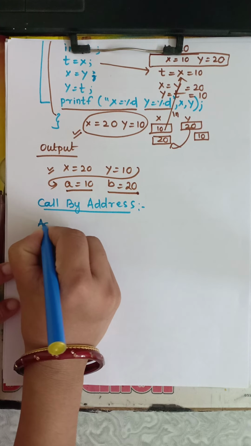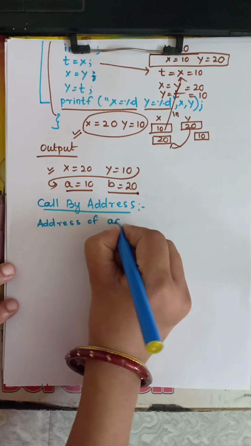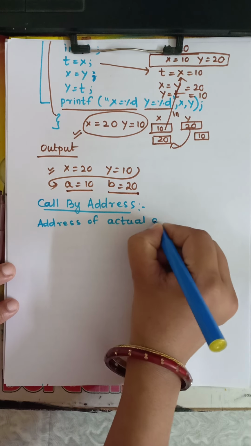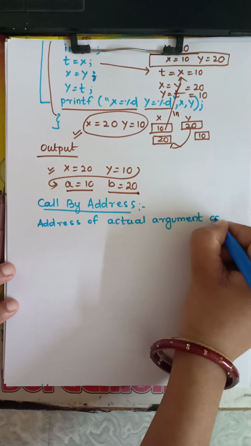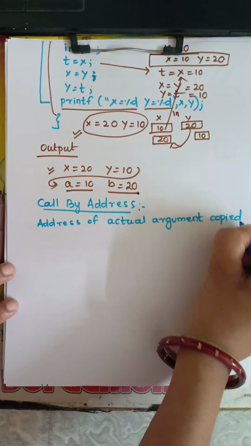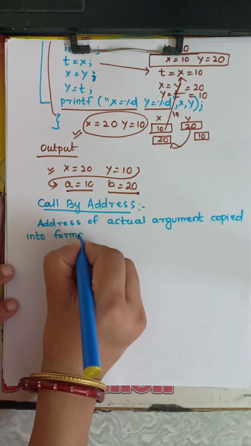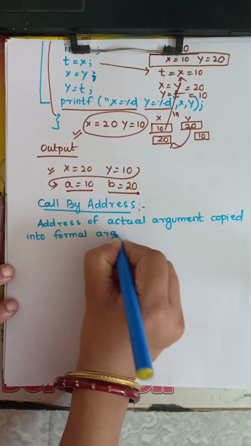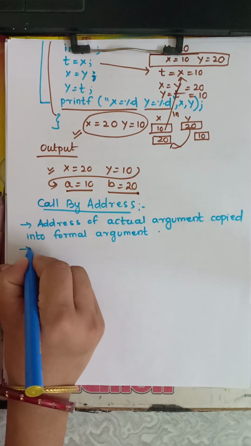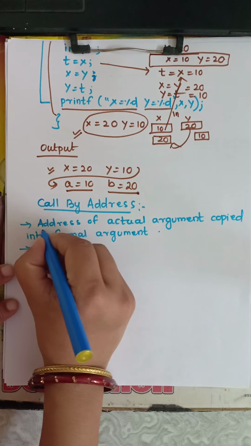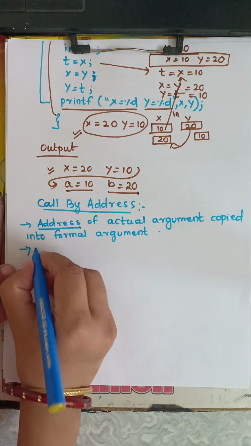So here the address of the actual argument is copied into the formal argument. Okay, here the address of the actual argument is copied to the formal argument, not the value.